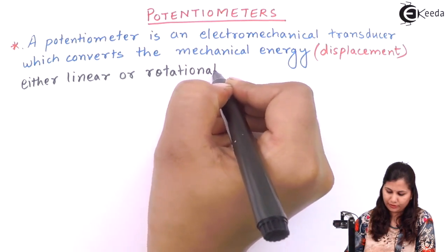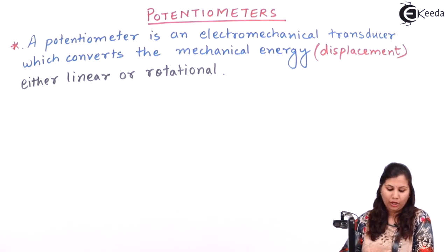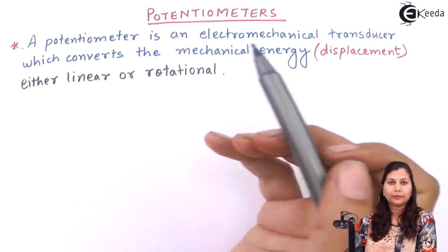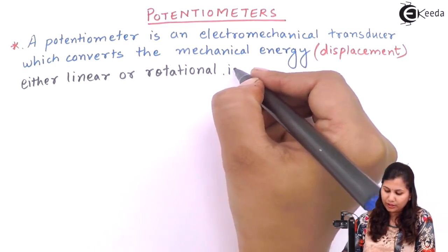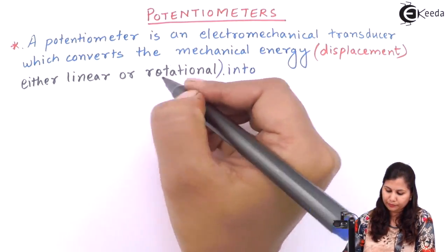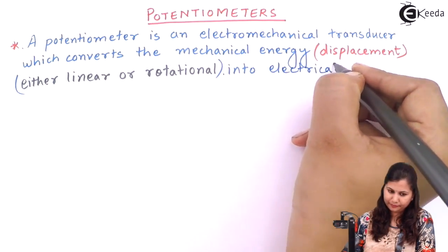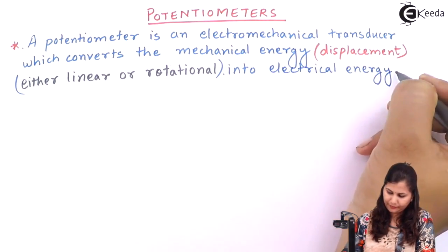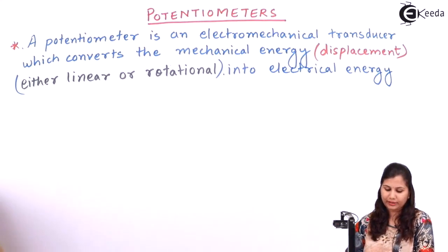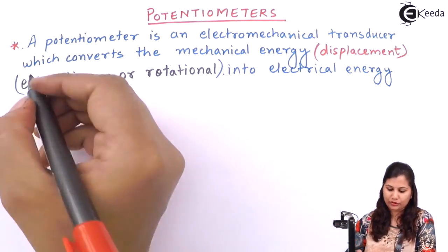Okay, so this potentiometer converts the mechanical energy into electrical energy, and this electrical energy is voltage.